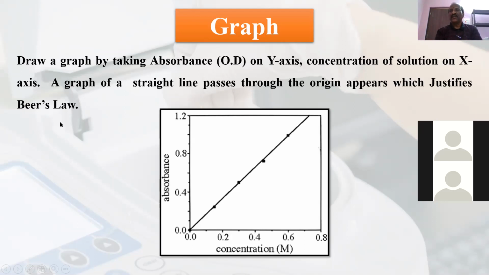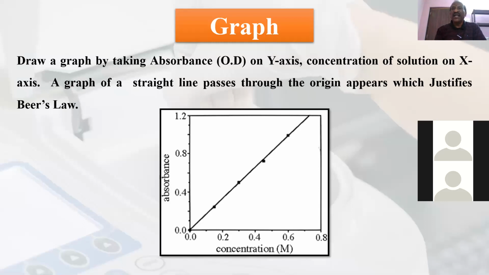So after plotting the graph, we will give another solution, that is nothing but an unknown concentration solution. After completing this experiment, after plotting the graph, we will give another KMnO4 solution of unknown concentration.